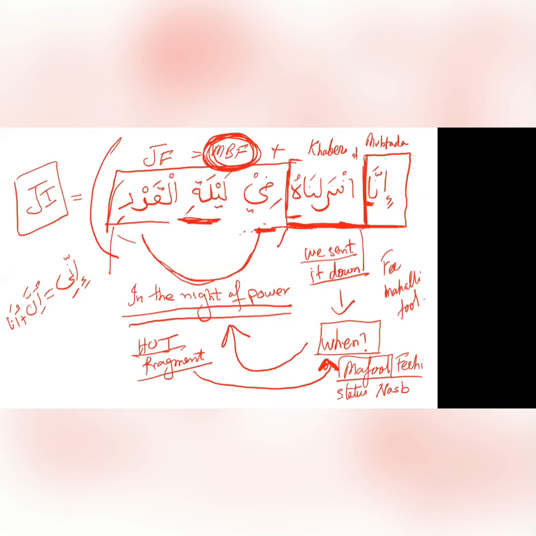So here your HOJ fragment in a way is taking the place of maf'ul fihi, which is in nasab status. So how do we say that in Arabic? Fi mahalli nasab. Yes. Fi mahalli nasab. Maf'ul fihi. Okay.